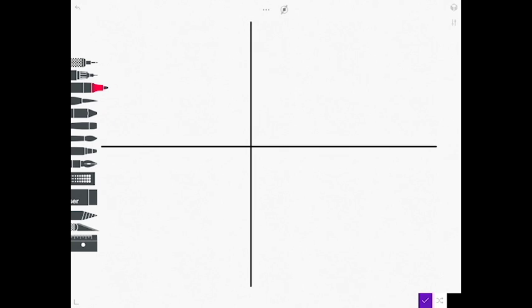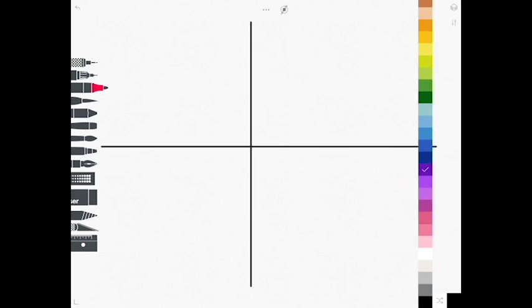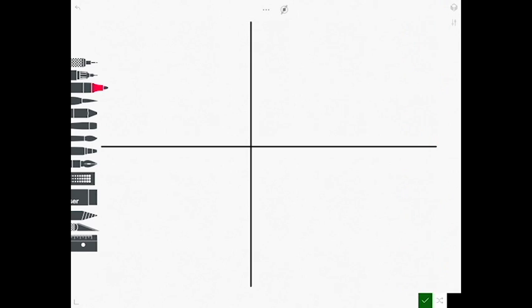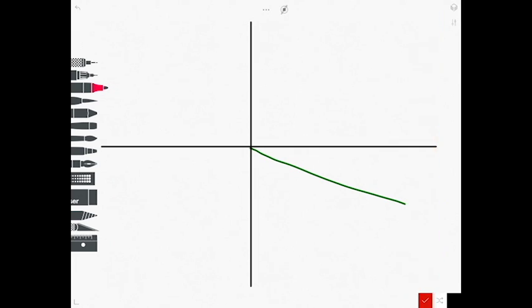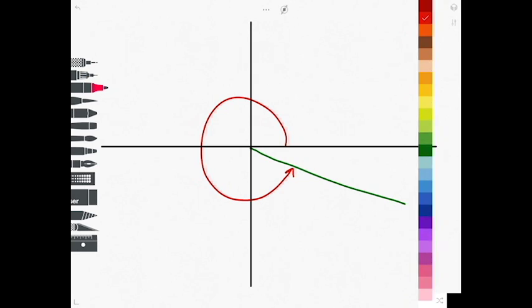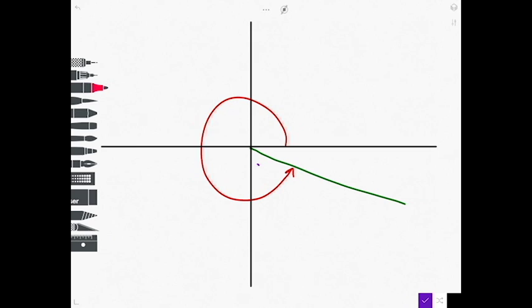The first one looks something like this. There's a terminal side that goes out in the fourth quadrant like this. It says that the angle rotates once around, ends there, and then it tells you that this angle right here is 80 degrees.